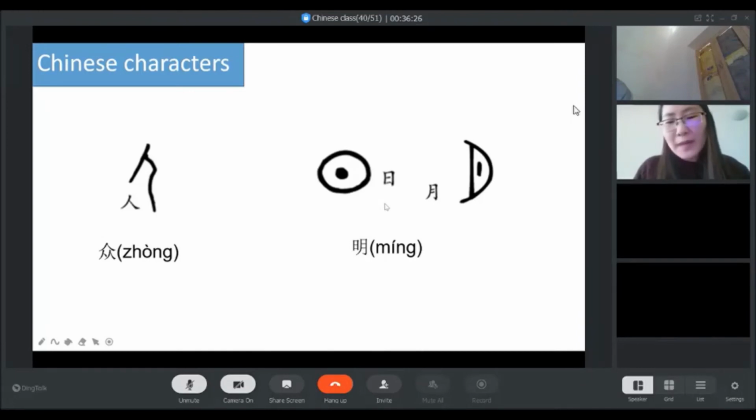And also this one, we put the sun and the moon together. It means light, not dark.